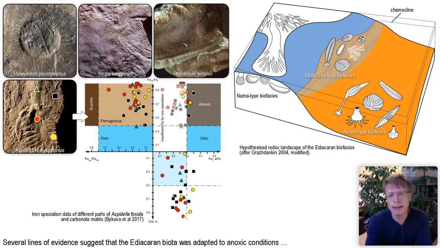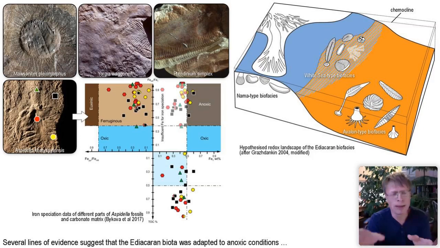In the photographs from left to right, you see a holdfast with root-like extensions. Why would the holdfast have root-like extensions if not feeding in the anoxic sediment underneath the microbial mat?